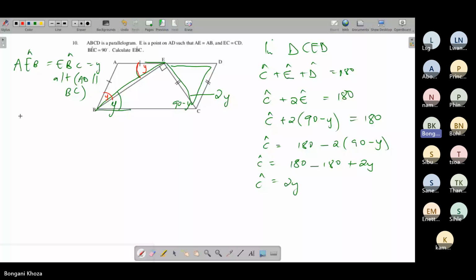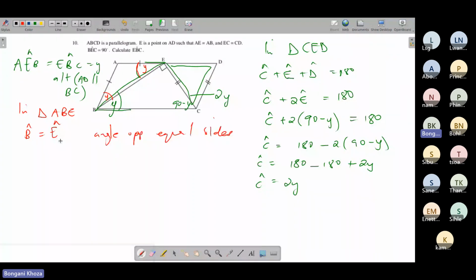So we can say in triangle ABE, angle B equals angle E. And the reason for that was angles opposite equal sides.